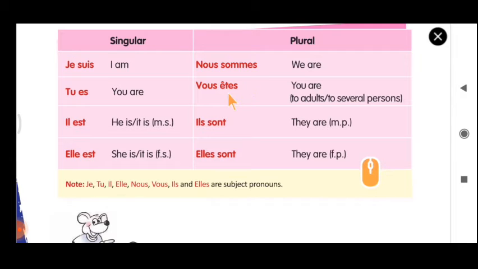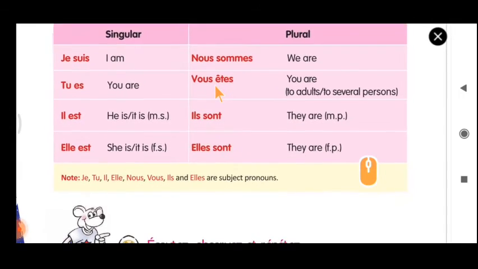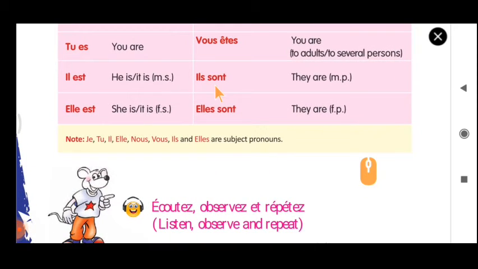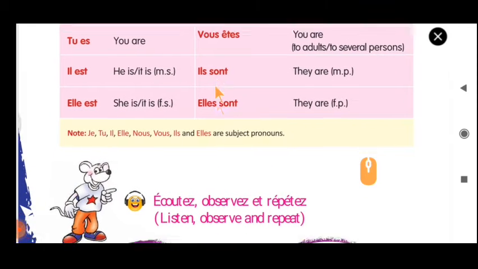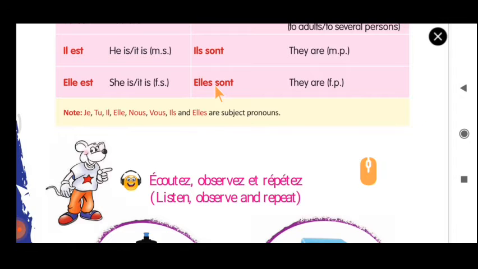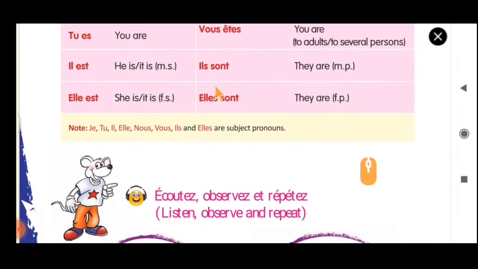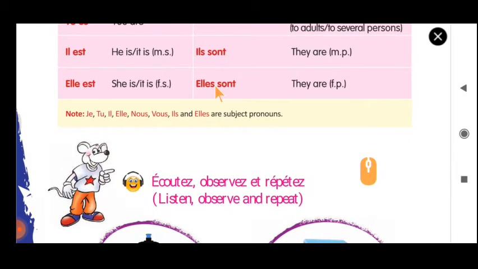And here ignore the last letter s. Vous êtes. And there is a small liaison. When you speak out this particular word, vous êtes, s and e should join together to give us a z sound. Vous êtes. Ils sont, you have to ignore the t here, and elles sont, here also you have to ignore the t. The sound will be like ils sont, elles sont.